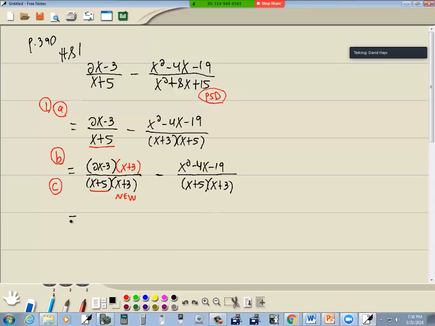So then 2x times x is 2x squared. 2x times 3 is 6x. Negative 3 times x is negative 3x. And negative 3 times 3 is negative 9 over our denominator. And this one remains as is.